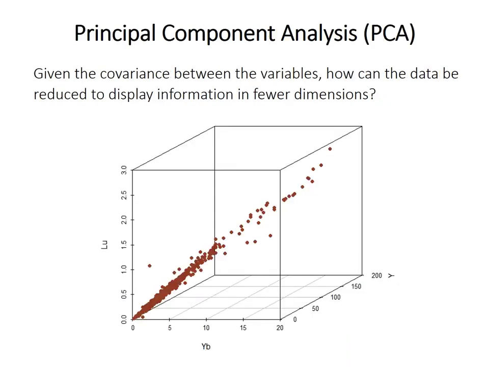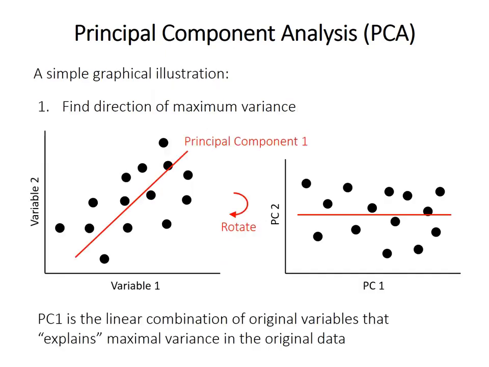Okay, so given that some of the variables are going to covary, perhaps quite strongly, how does PCA help us reduce the data and display the information in fewer dimensions? I'll give a simple graphical illustration first and then explain in more detail how this process is achieved. Basically, PCA finds the direction of maximum variance through the multidimensional cloud of points. I'm showing a two-dimensional example here for simplicity. That axis is called principal component 1. It's a linear combination of our original variables that explains the maximum amount of variance in the multivariate space.